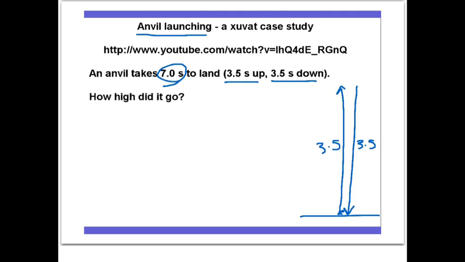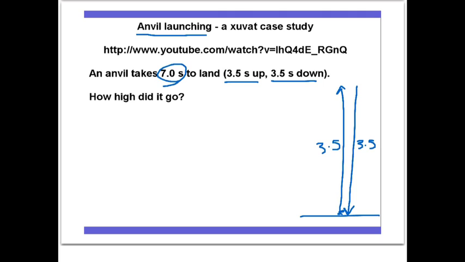If we consider the whole journey, then the displacement will be 0, and that wouldn't be very helpful for us. So we're just going to consider the first half of the trip. Going up from some initial starting velocity, which will be very high as it's launched, but then when it gets to the top, it'll have a final velocity of 0, and that should be more useful to us.